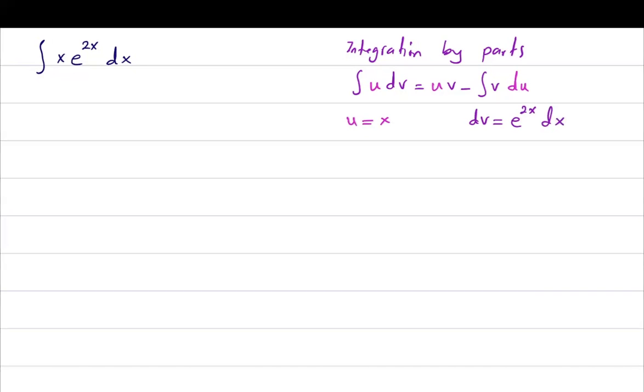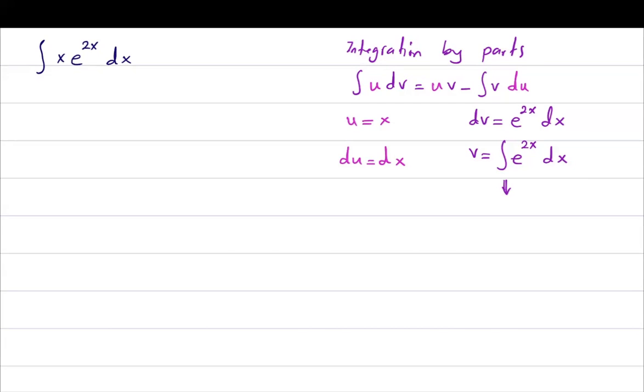So obviously, du is equal to dx, and the v is the integral of e to power 2x dx.